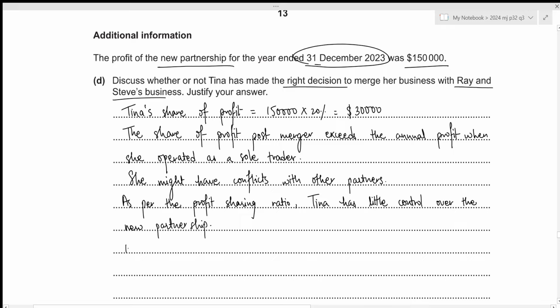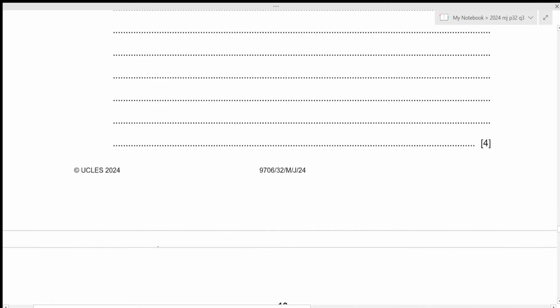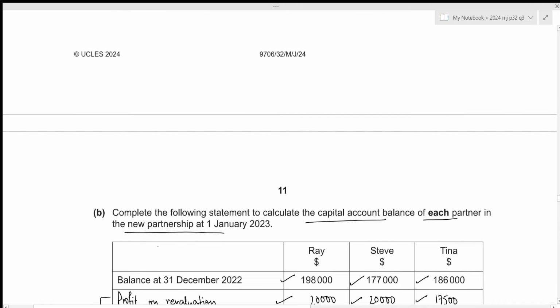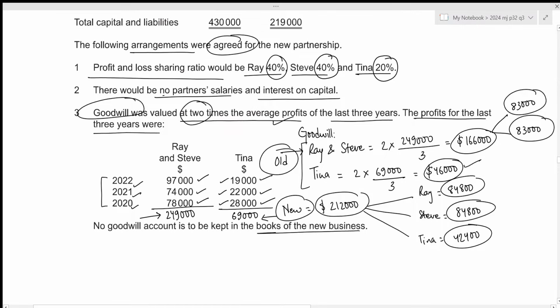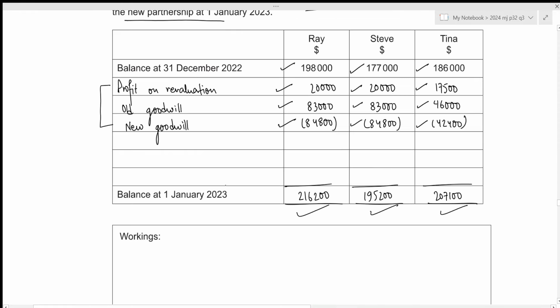Now we need to make a final decision. And in this case, I would say that Tina has made the right decision to merge her business, because if you take a look at her profit, we can see that it has a declining pattern. In 2020, she earned 28,000, then she earned 22, then she earned 19. So the profit was decreasing. Now post-merger, she will be getting a profit of 30,000, which is really good compared to what she was earning as a sole trader. Let's write it down.